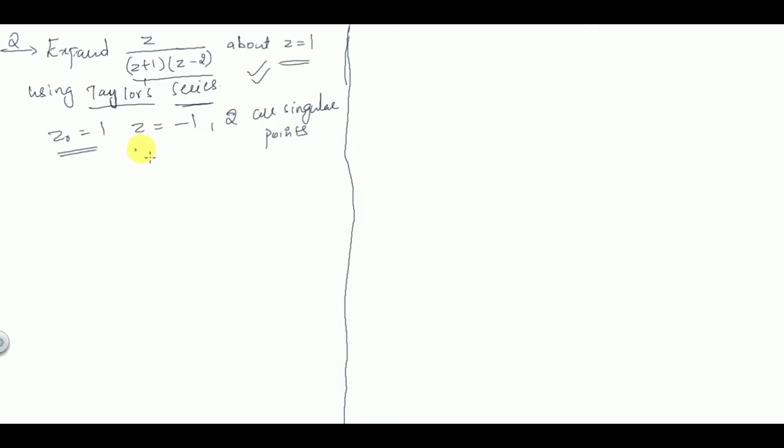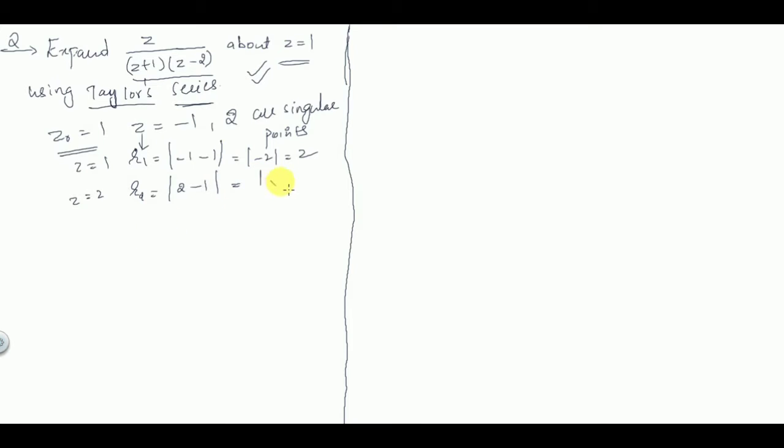So if you want to calculate the distance r1 for z is equal to minus 1, it will be modulus of minus 1 minus 1, which is modulus of minus 2, which is equal to 2. For z is equal to 2, r2 is equal to 2 minus 1, so it is equal to 1.